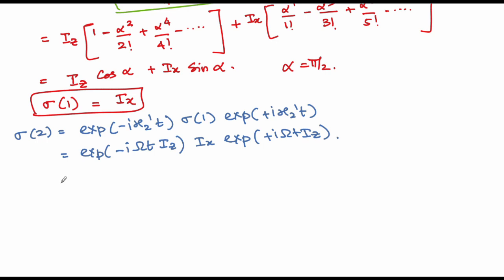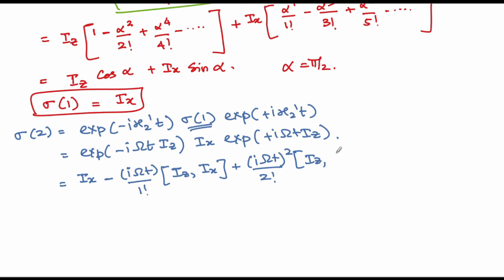Once again, if you do the Baker-Campbell-Hausdorff expansion, you're going to get Ix, which is sigma, whatever you started with, minus i, for similar reasons I'm going to take omega t outside, by 1 factorial, the commutator of the Hamiltonian with I naught, plus i omega t the whole square by 2 factorial, double commutator, minus i omega t the whole cube by 3 factorial, triple commutator, and then so on.